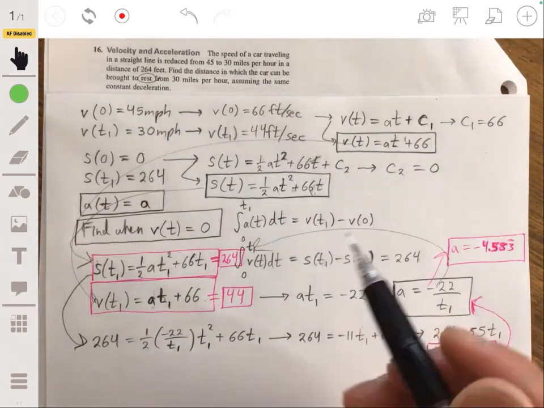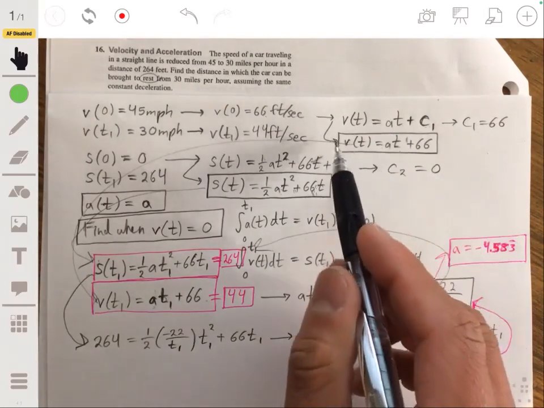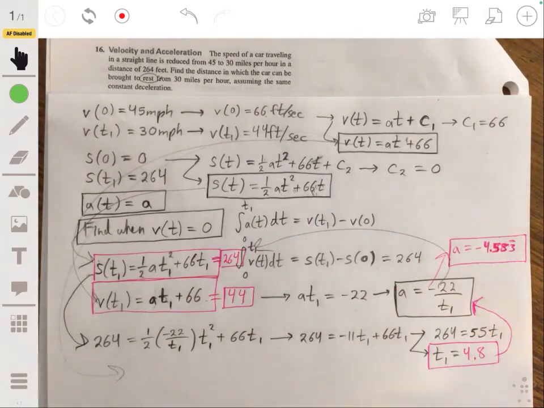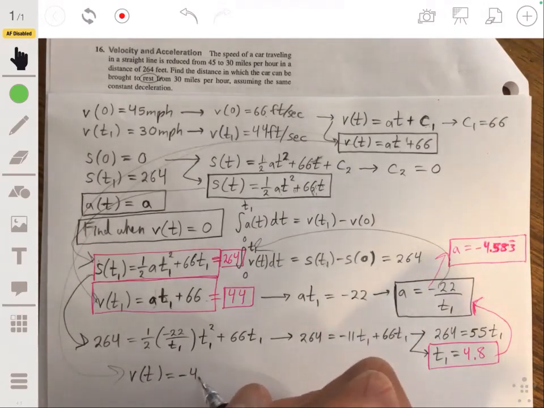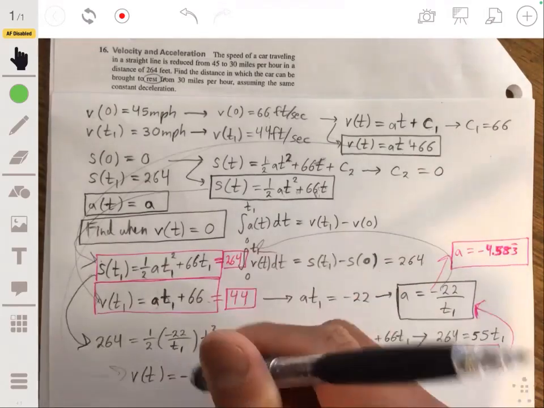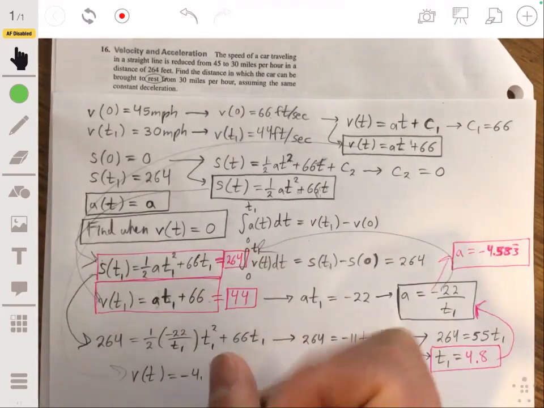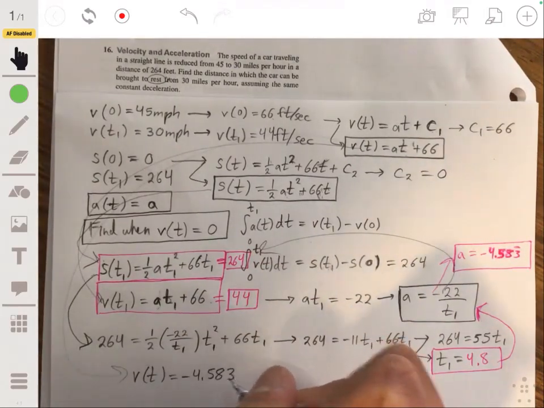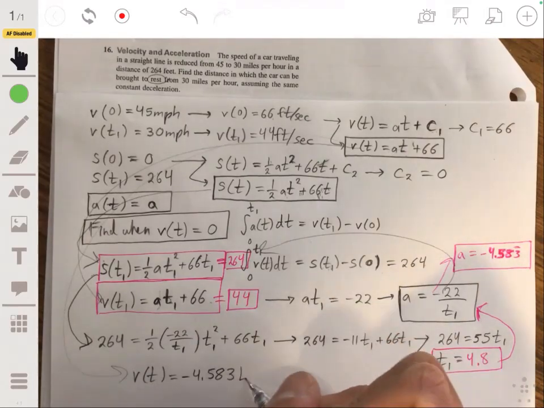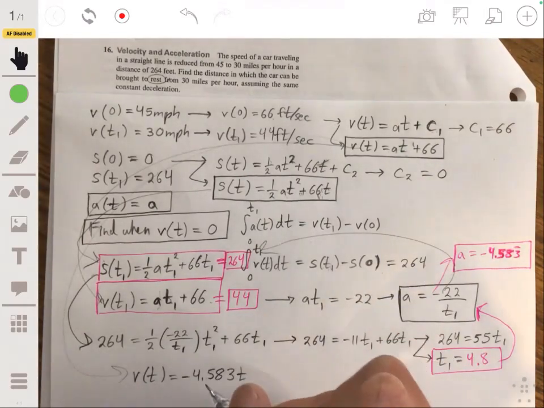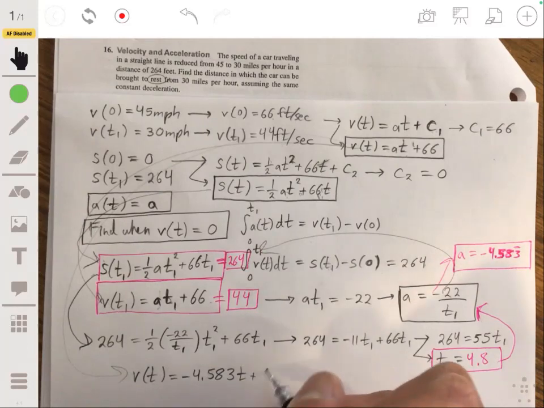So we can use our velocity equation. V of t would be approximately negative 4.583 t plus 66.